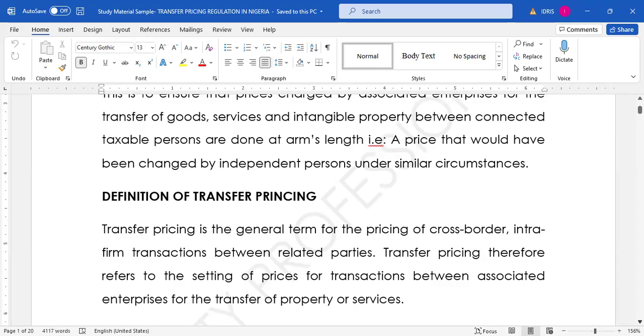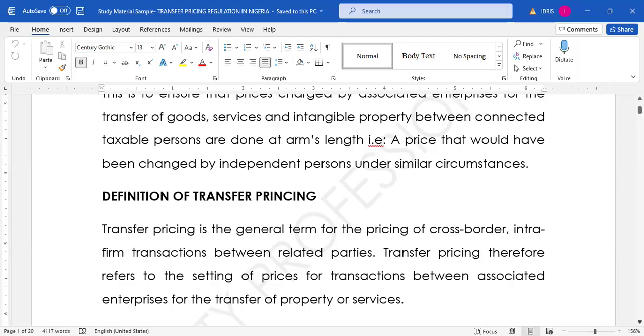Regulation of transfer pricing simply means FRS will determine the arm's length price at which any two related companies transfer goods and services among themselves. When A and B are related companies, if A wants to sell goods to B, because they want to reduce tax, A may increase the price.